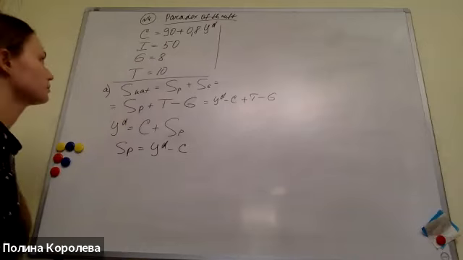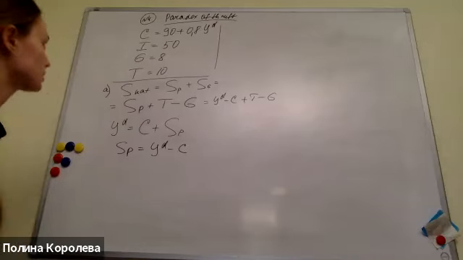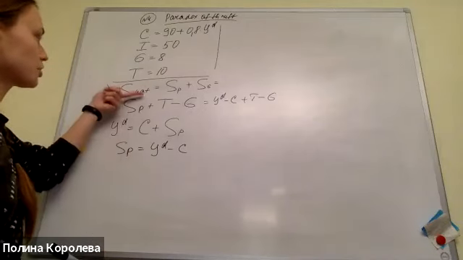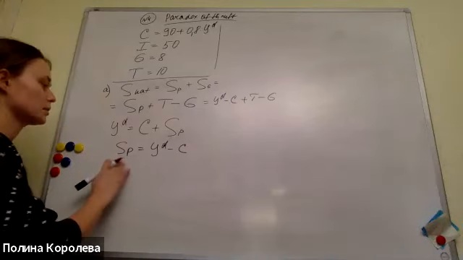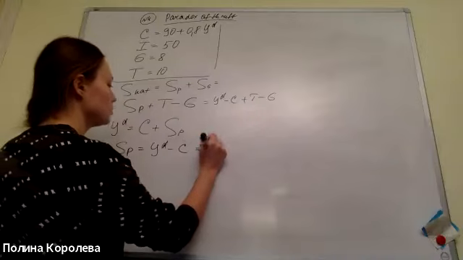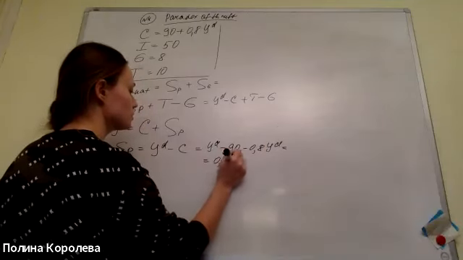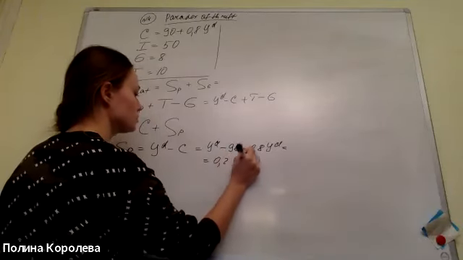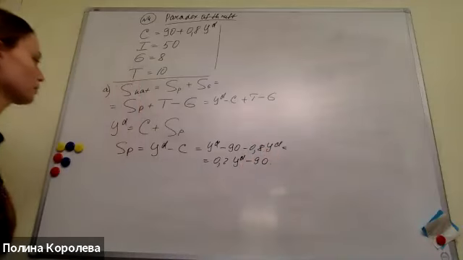No, not GDP, but disposable income. Disposable income, yeah, sorry. Private savings, not spendings. Agree. So YD minus 90 minus 0.8 YD. This is 0.2 YD minus 90. Exactly, yes.